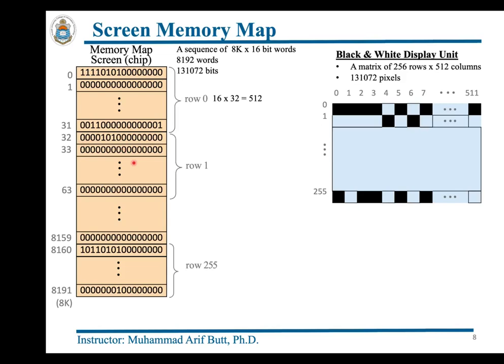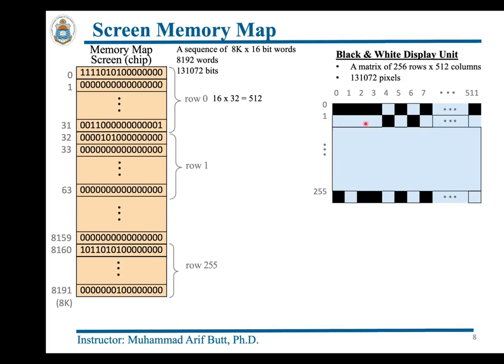Okay, dear students, each row of this screen over here has 512 pixels. So each row of this screen can be mapped onto 32 words on this memory map, having 512 bits. So row 0 of this screen is mapped to memory map addresses 0 to 31.